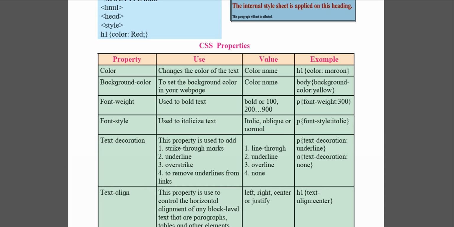Text decoration, this property is used to add a straight line through the text, underline, overline, and to remove underline from the link. Here you can use line-through, underline, overline, none. So P text-decoration: underline. So you can use many types of text.